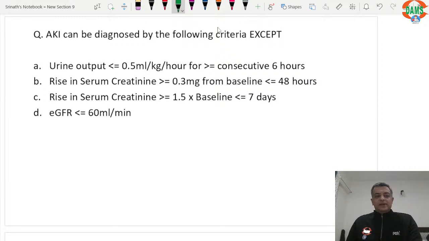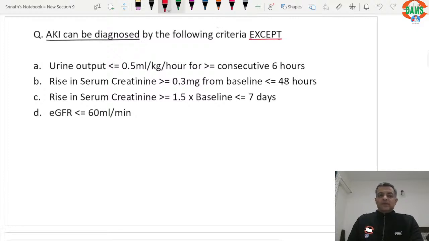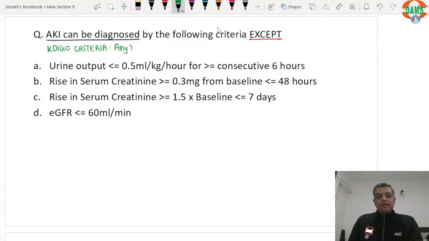Bringing us to the second question. Acute renal failure or acute kidney injury is diagnosed by the following criteria except for. Now we know for diagnosis of acute kidney injury, we have adopted the KDIGO criteria. Out of the KDIGO criteria, any one has to be present to confirm the diagnosis of AKI.